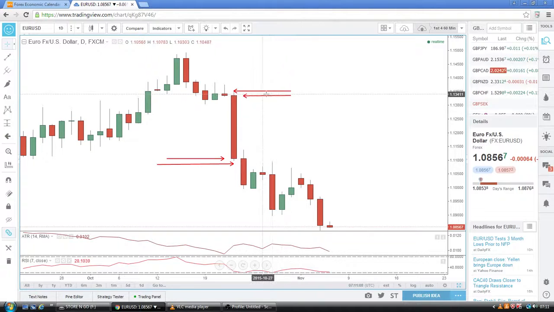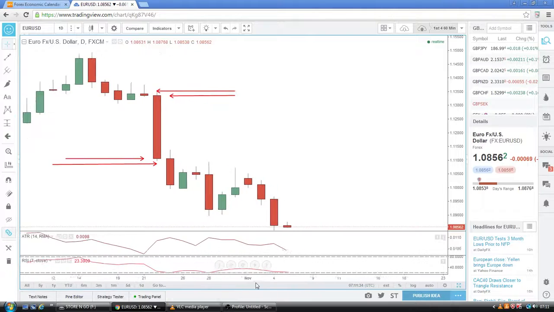So if we look at this red candle here, at this arrow right here, I was pointing to the top of the body. This is where this candle opened. This candle opened at this point here, which, if we look to the right, is 113.36.